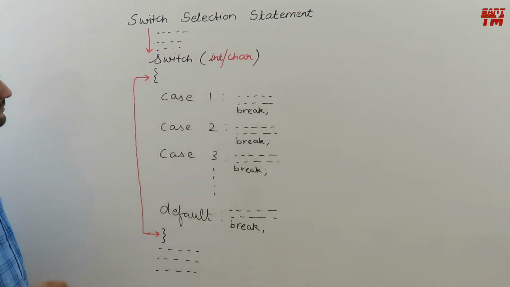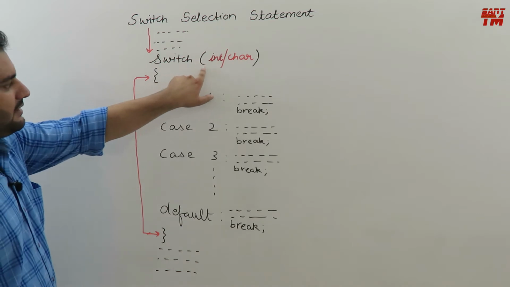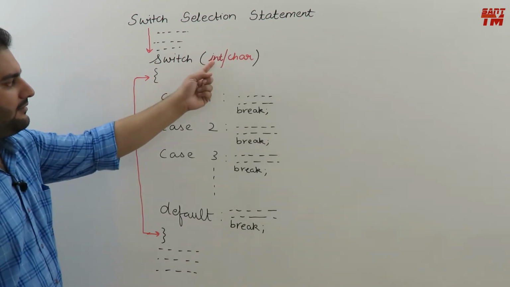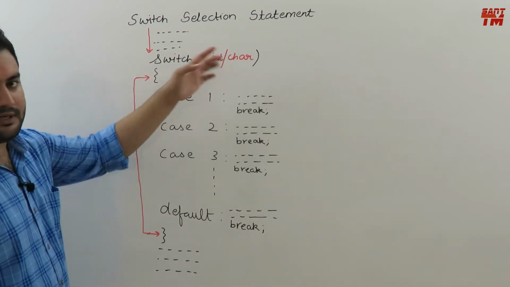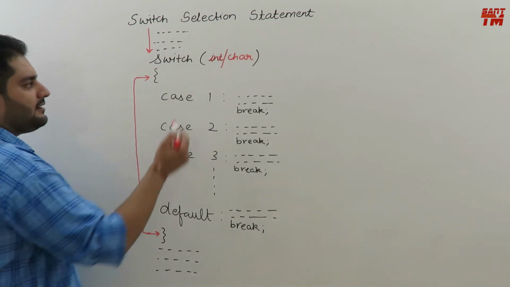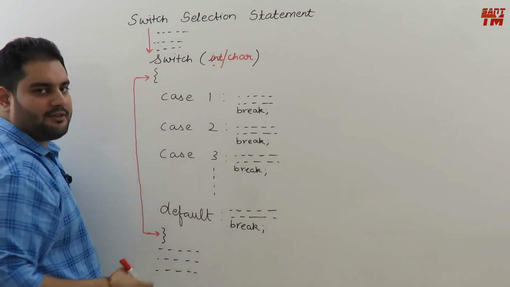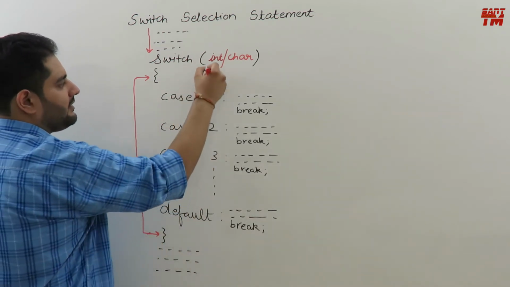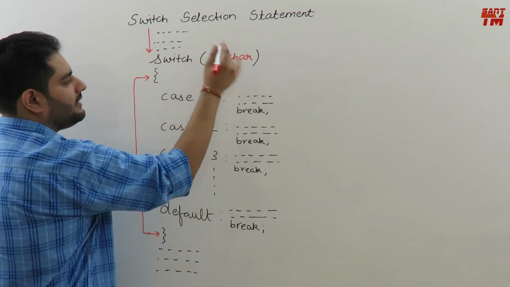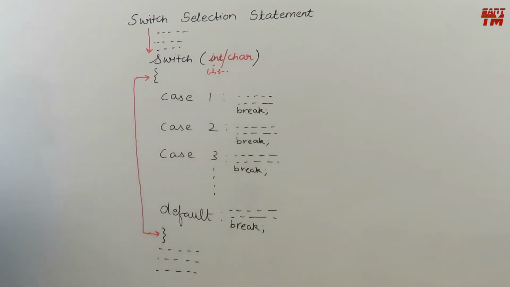Then what will happen? The switch, in this parenthesis, will have either an integer value or a character value. If it has an integer value, then that integer will have some value. For example, the integer can be 1, 2, 3, or any integer: 17, 18, -1, -2.